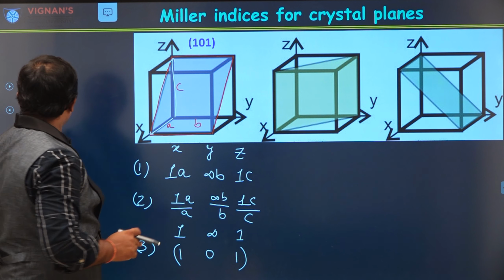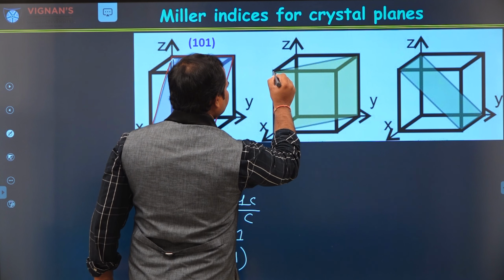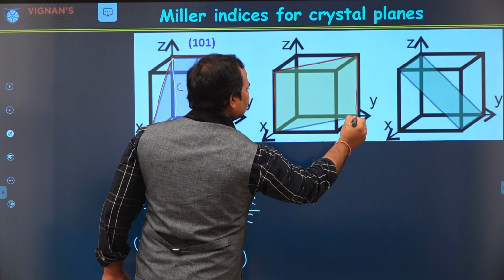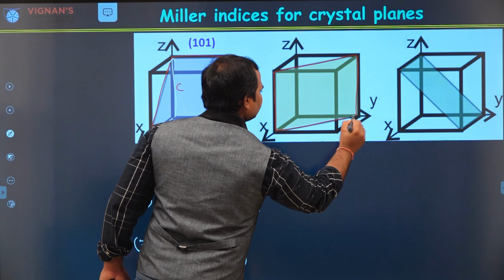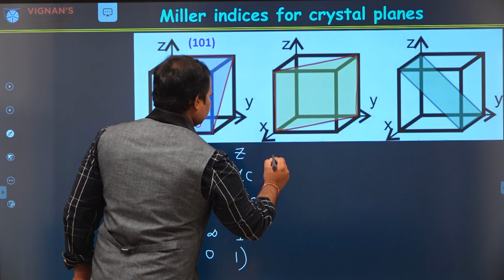Similarly, we can also find the Miller indices for this particular plane. You can see here, this is the plane of interest that we wanted to find out. Find out the intercepts.